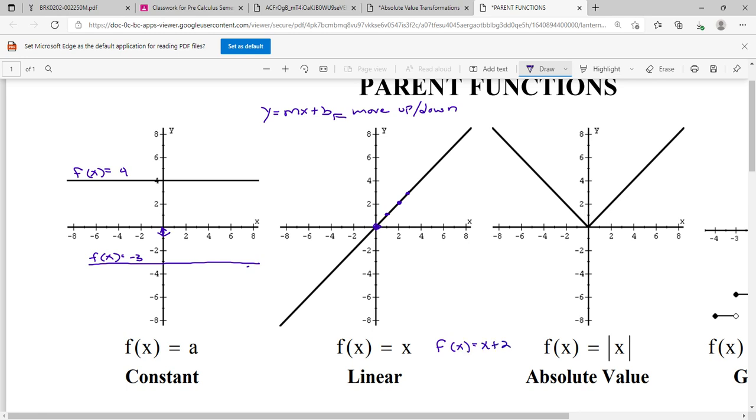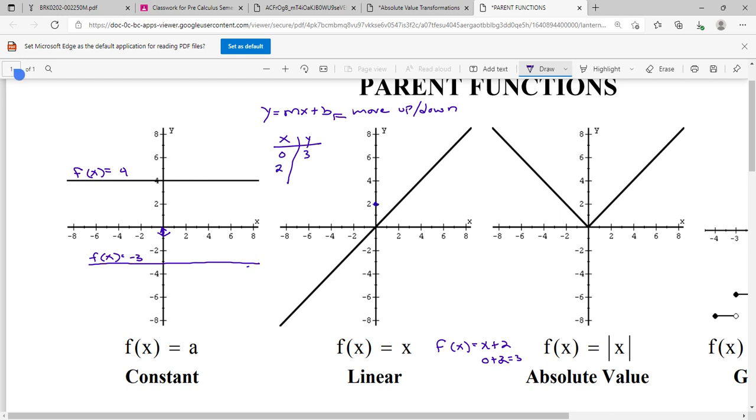If we make our x and y chart right here, if x is 0, y is going to be, if we had 0 plus 2, we're going to get 2. So that makes that be 2. So if we were to plot that point, we would have 0 on our x, and our y would be 2. Okay, what about if we have 2?